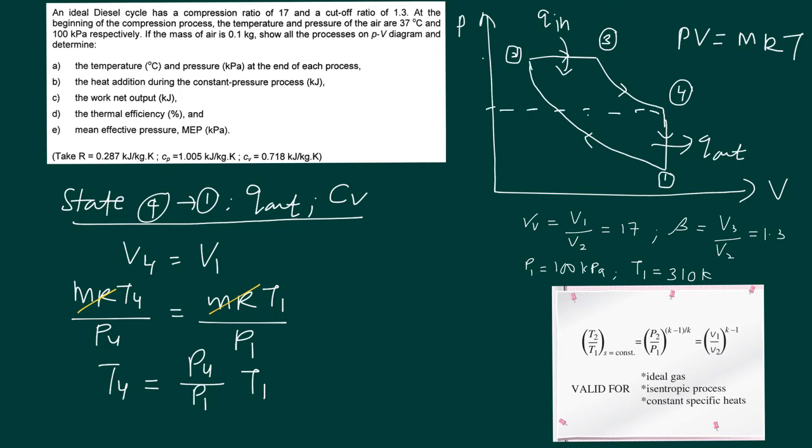So you already have your P2, which is equal to P3, and P1 in here is already given. So this is the case if you make use of the relation between 4 to 1.